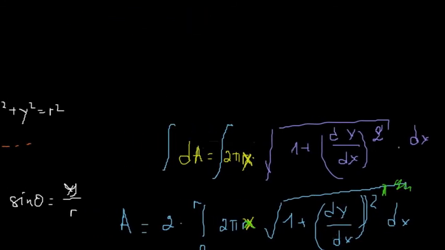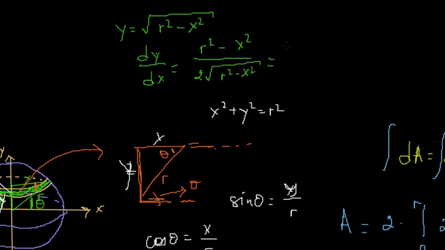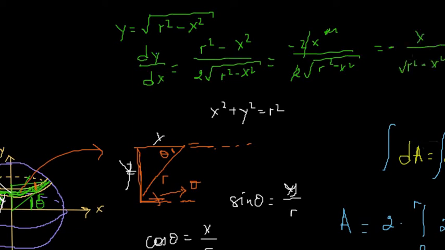In order to represent this part, we are going to take a derivative of y with respect to x, so dy over dx, and it's going to be equal to, by chain rule, derivative of r squared minus x squared divided by 2 square root of r squared minus x squared, which is equal to minus 2x divided by 2 square root of r squared minus x squared, and this is cancelling out, so we are left with minus x divided by square root of r squared minus x squared.